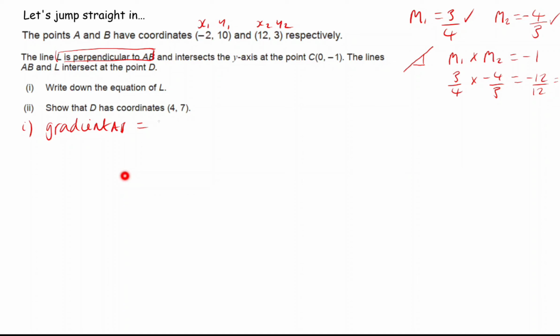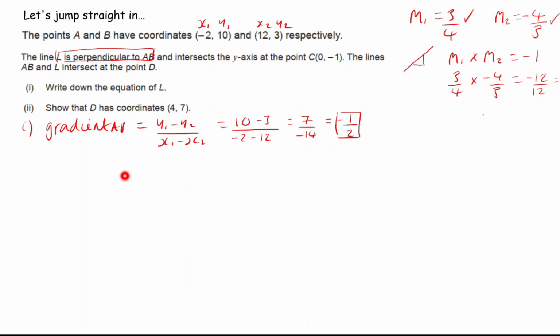And our gradient is going to be equal to y1 minus y2 over x1 minus x2, which in this case gives us 10 minus 3 over minus 2 minus 12, which gives us 7 over minus 14, which is the same as minus a half. Now, that's the gradient of AB.